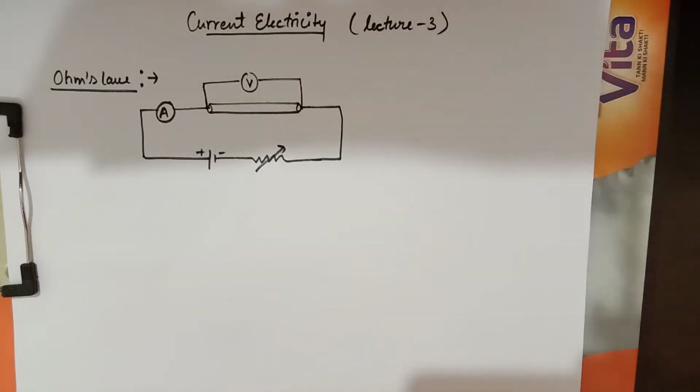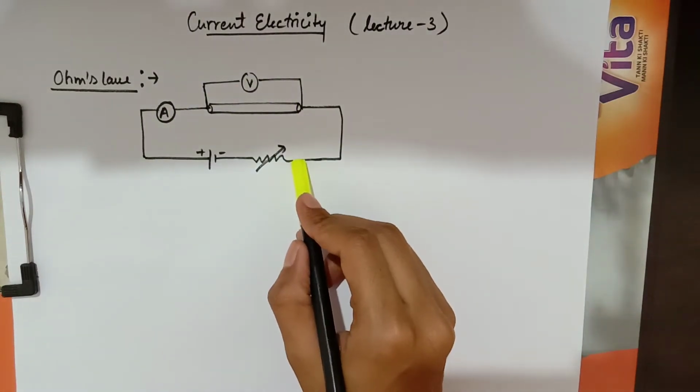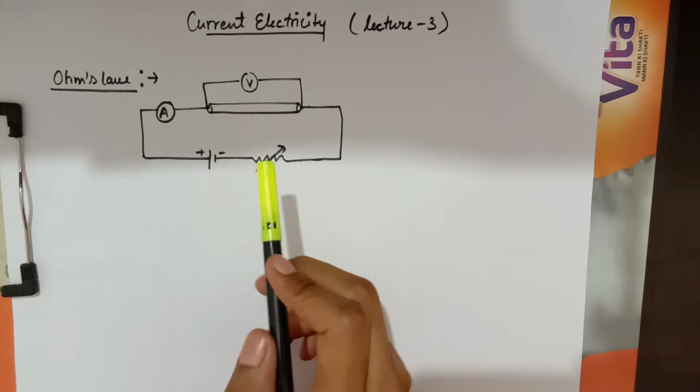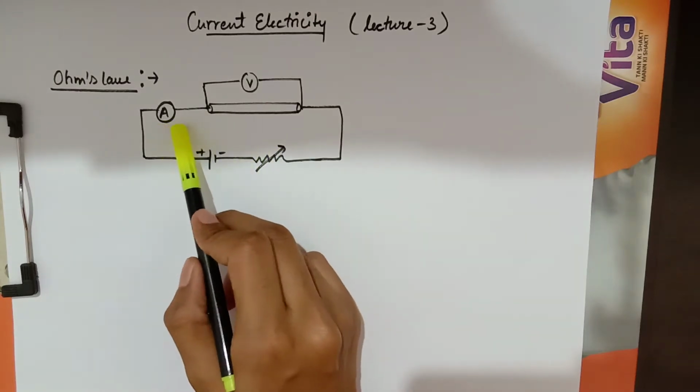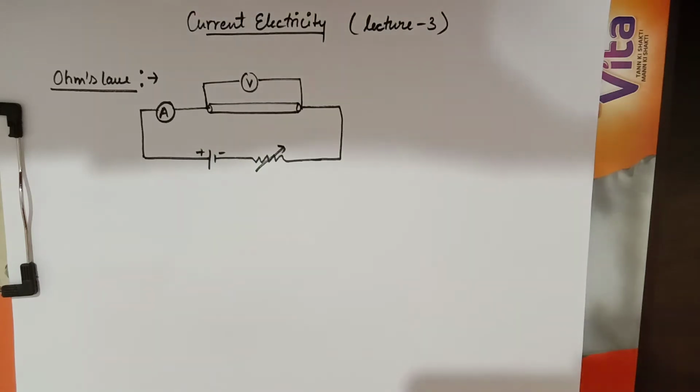So suppose this is one kind of circuit, and in any circuit if we plot the variation of current with potential, then the potential and current are always in proportion.